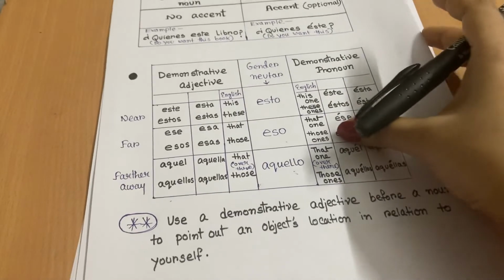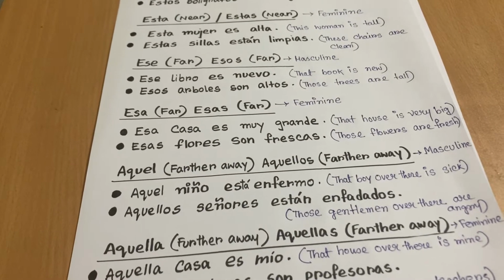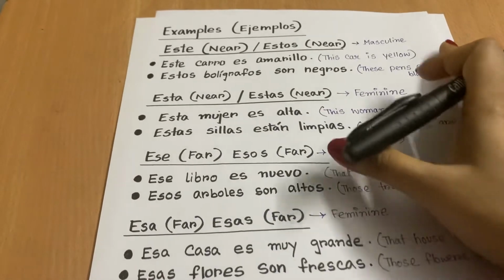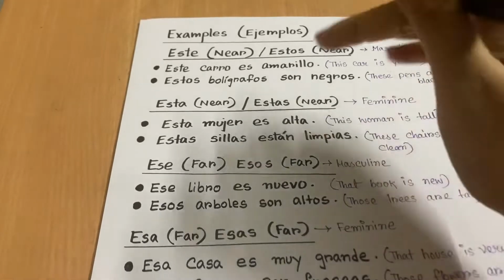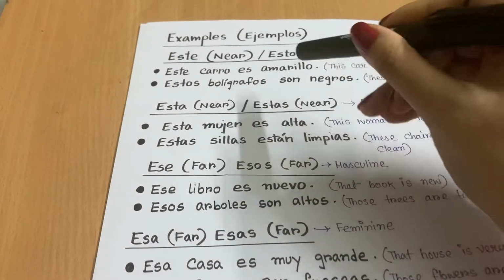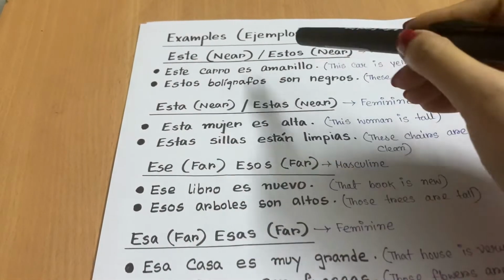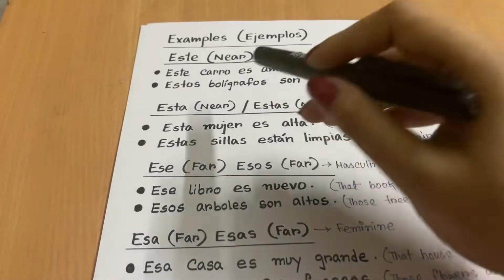Okay, now I'll be showing you all a few examples so that it will be clear to you all. First, example: este, near, estos, plural form, near.